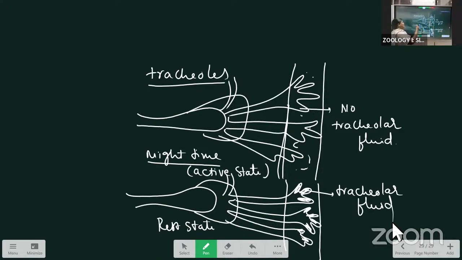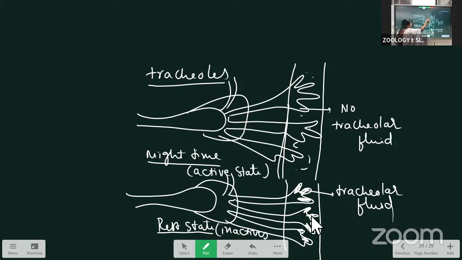Next, in the inactive stage, tracheolar fluid is present in the endings of the tracheoles. In the active time, that is absorbed for the metabolic activities, and they utilize the tracheolar fluid. Like this, in the inactive stage, the tracheolar fluid is present.